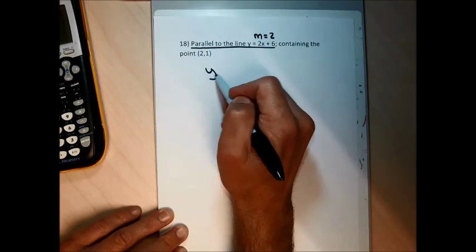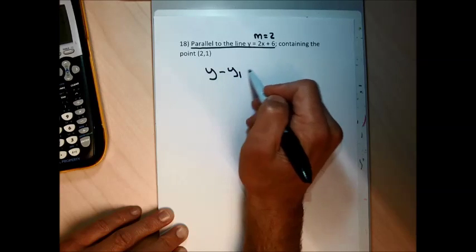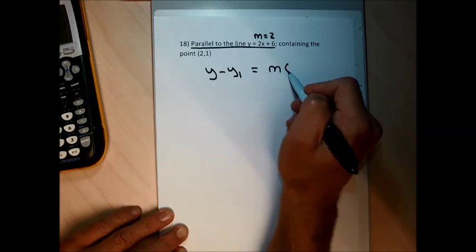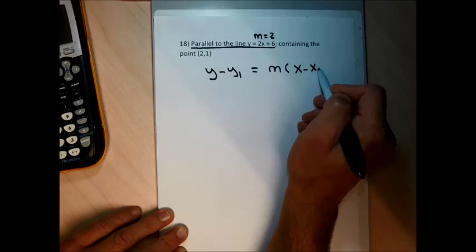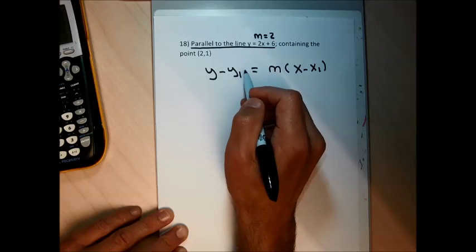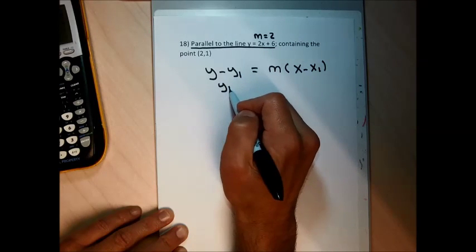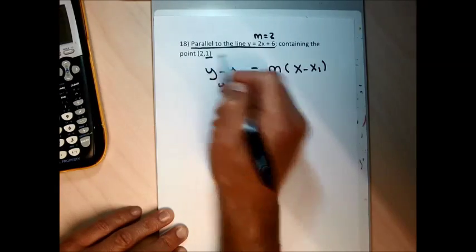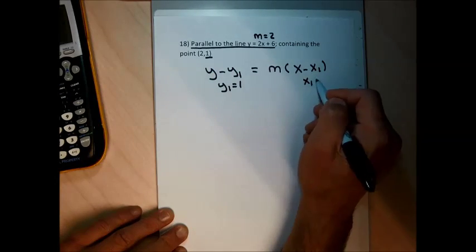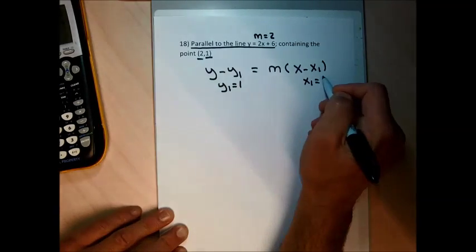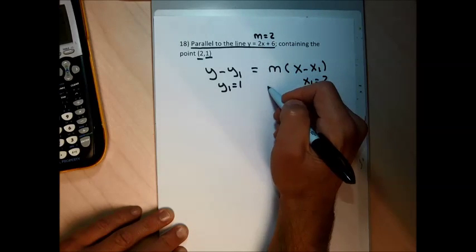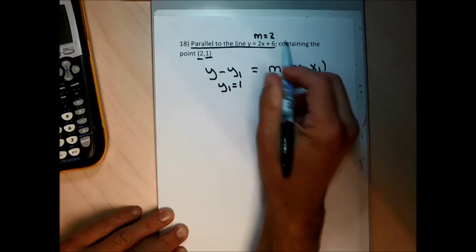So I'm going to use the y minus y1 equals m times x minus x1 formula. In for the y1, I'm going to plug 1. In for the x1, I'm going to plug 2. And in for the m, I'm also going to plug 2.